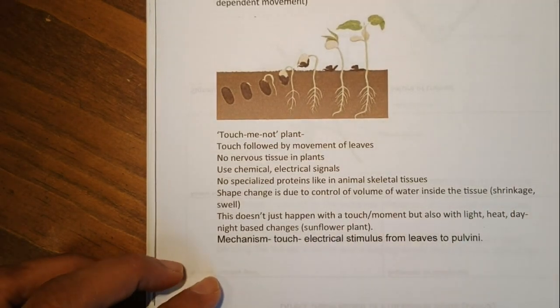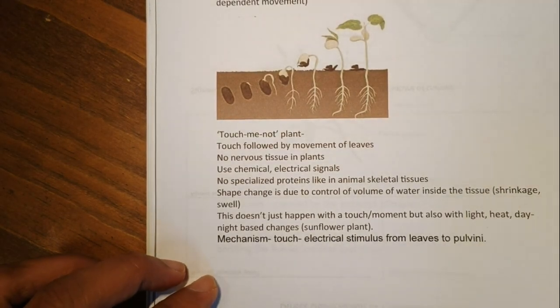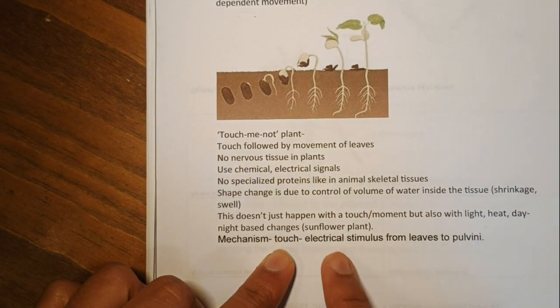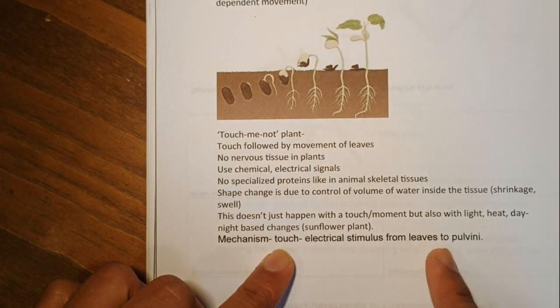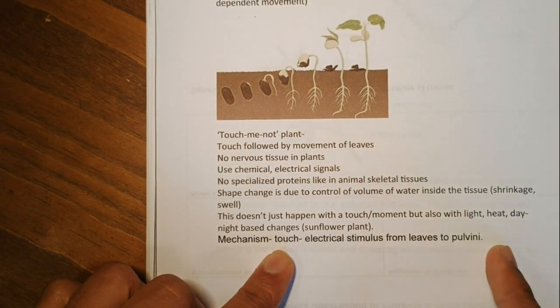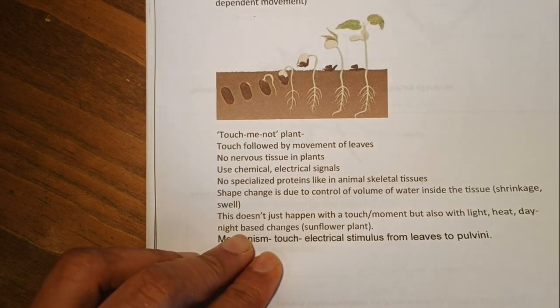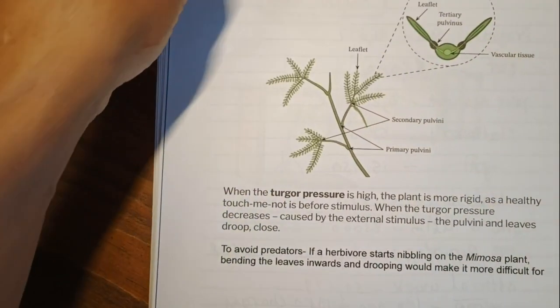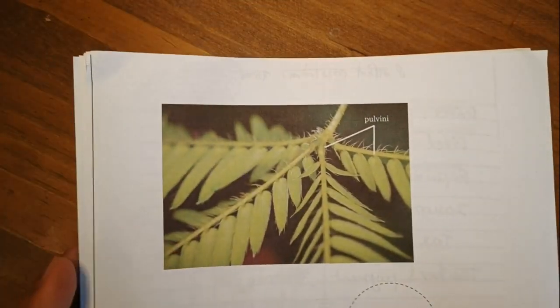So the mechanism is when touch or contact is made with the leaves, it generates an electrical stimulus from the leaves to the pulvini. Now pulvini, you might remember this part of the plant leaves. I'll show you in this diagram.